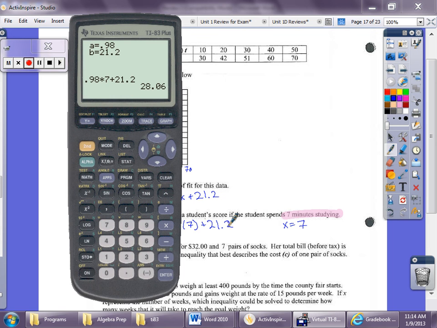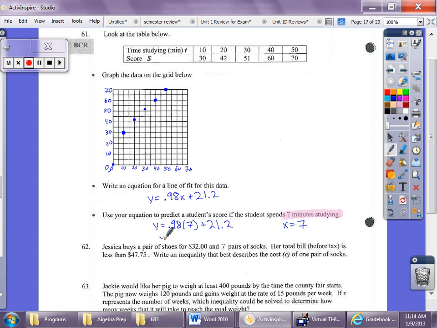So y equals 28.06. So the student would score around a 28%. Meaning you should study more than 7 minutes for your exam.